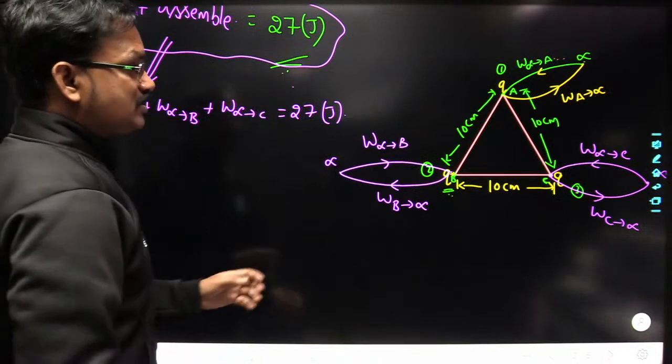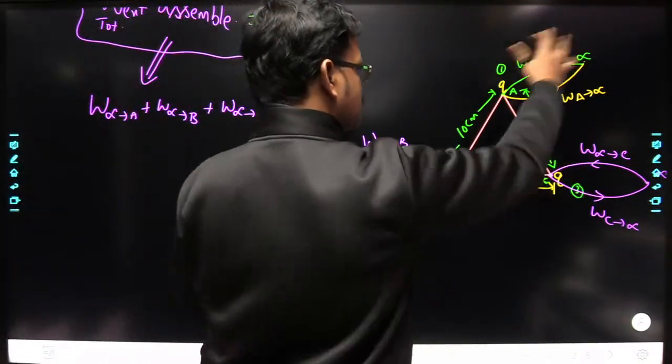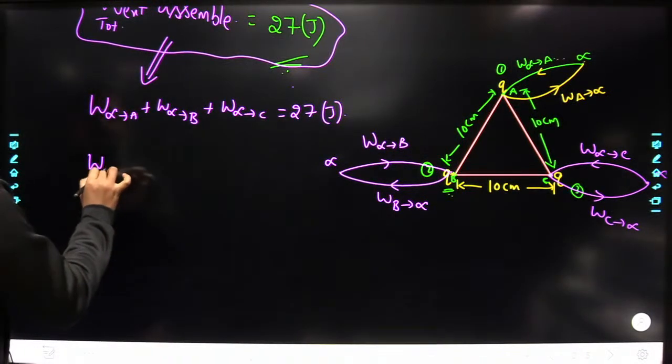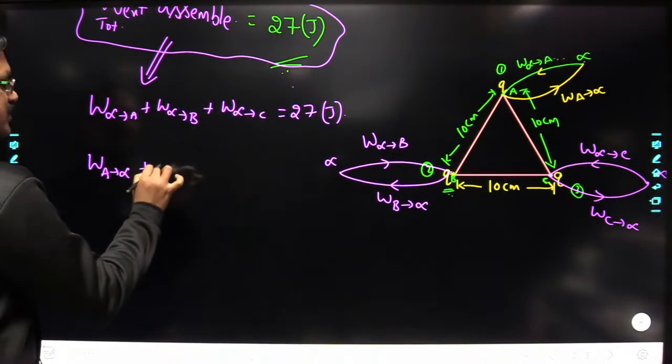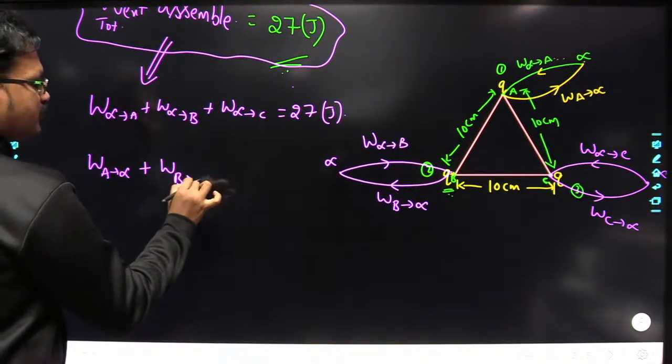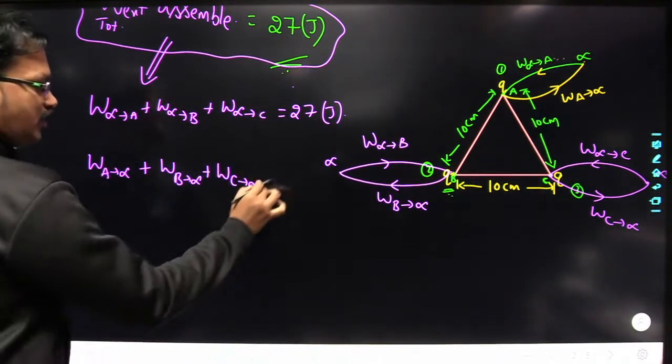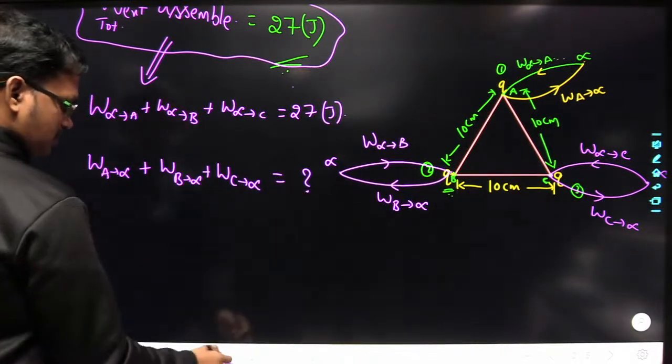They are asking what is the work done in order to move these charges to infinity. So that means the work done in order to move the charge from A to infinity plus B to infinity plus C to infinity. So this is what they are asking, right?